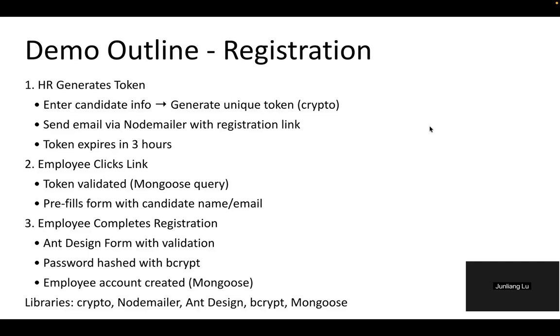We will soon have a demo for registration. The registration process uses token-based authentication. First, HR generates a registration token. They enter the candidate's information in the token generator form, which creates a unique token using Node's crypto library.